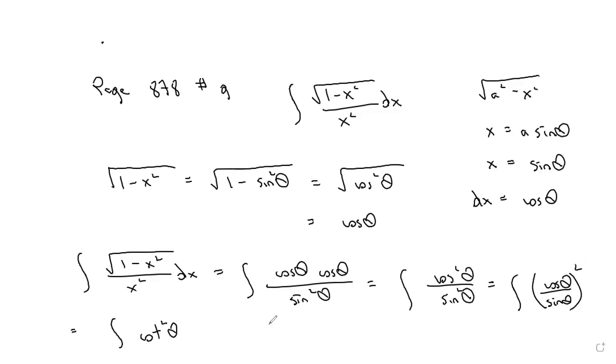Let's see, hopefully we have a formula for that. Let's check the formula sheet, chapter 28. Cotangent squared. Cotangent, I don't see cotangent squared. Darn, this is a tough one.